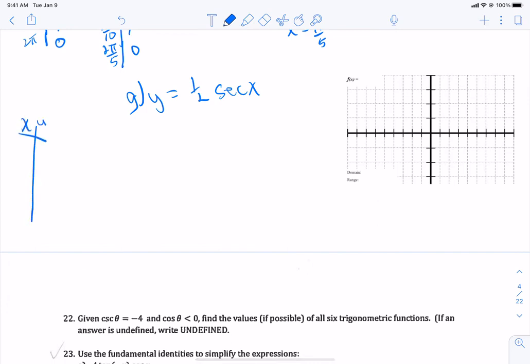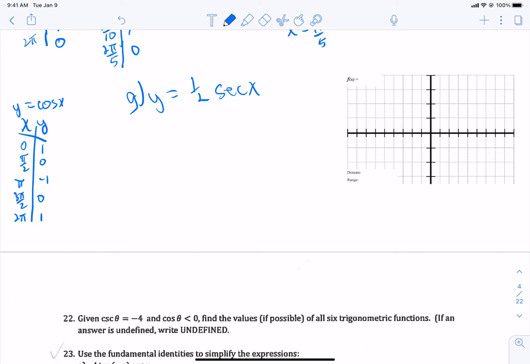That being said, if I do a secant graph, before I do anything else, I write down what the cosine is doing, because the cosine and secant go together. The cosine goes 0, 1, pi over 2, 0, pi, negative 1, 3 pi over 2 is 0, and 2 pi is at 1 again. Now that's what the cosine does.